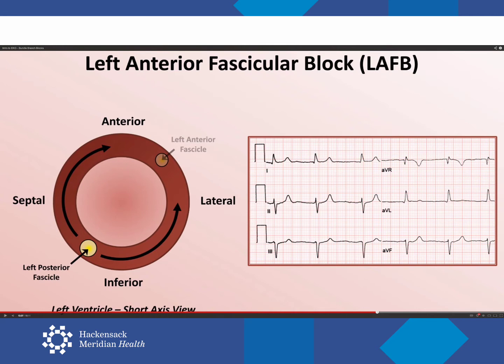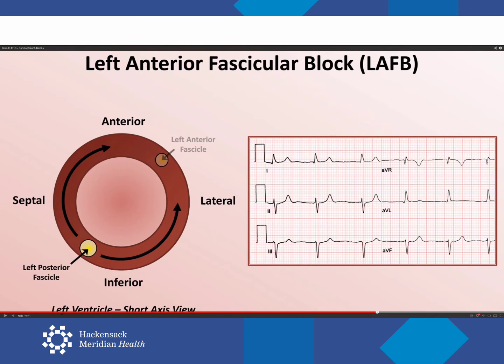This will lead to activation of the heart from the inferior aspect, moving superiorly and laterally to the left. Therefore, note that the inferior leads will record a negative deflection as the depolarization moves away from them, and the lateral leads will record a positive deflection as the depolarization heads toward them.